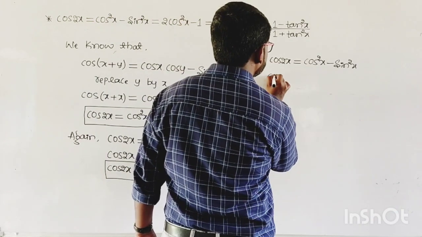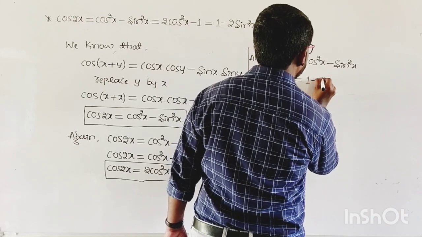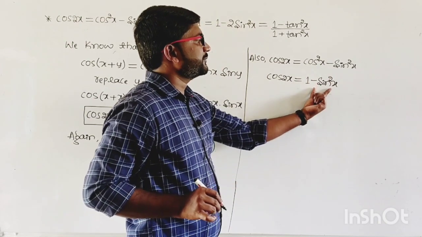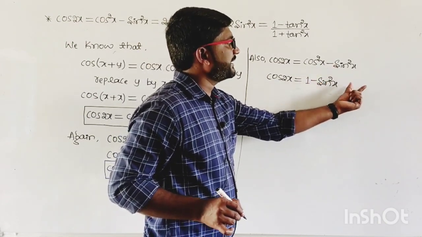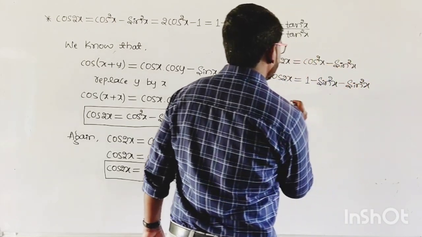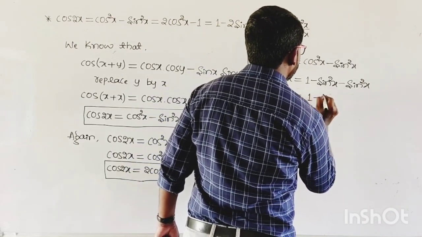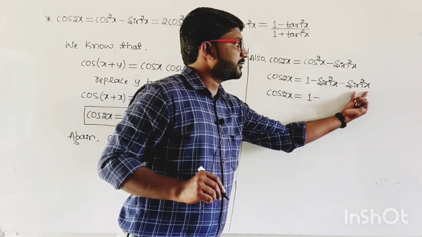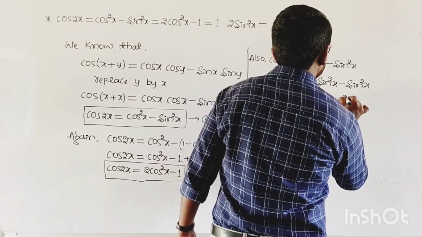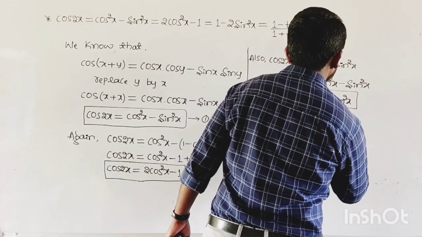Cos 2x will be written as it is, cos 2x which is equals to, so now cos square x can be written as 1 minus sin square x, then write this term as it is, minus sin square x. So now cos 2x which is equals to 1 minus sin square x will be minus 2 times sin square x, minus 2 sin square x. So this is the third result.